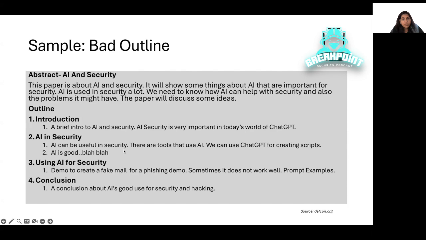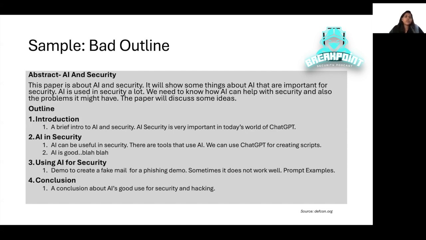AI in security can be useful, and there are tools that use AI and blah blah blah, and AI is good. So this is actually not literally how you write it, but I think what they are trying to convey is the feeling that the reader gets, whether they are a reviewer or not. So the problem statement to me till now is not clear, right?